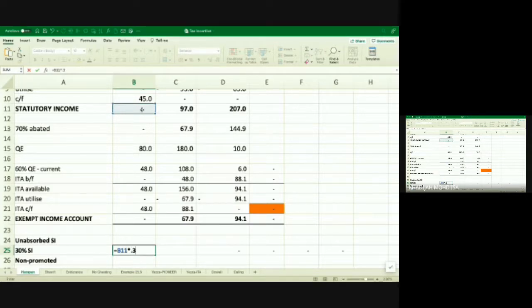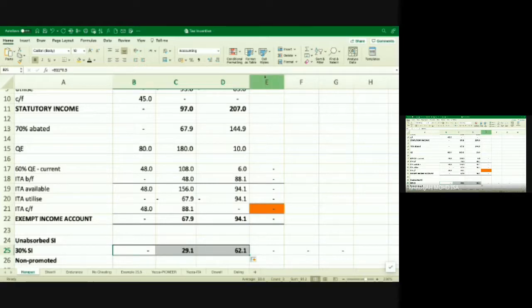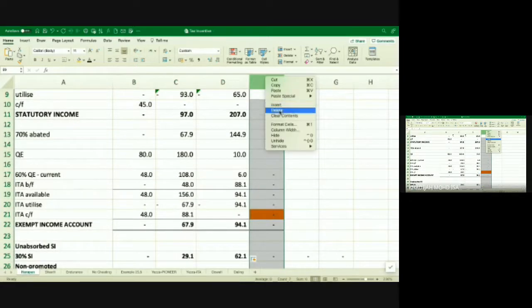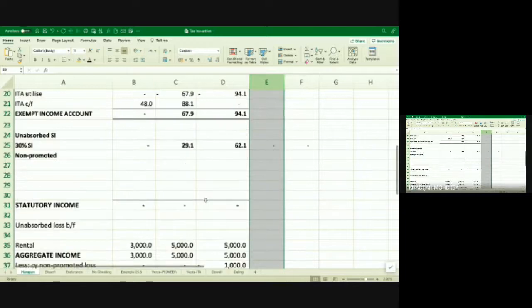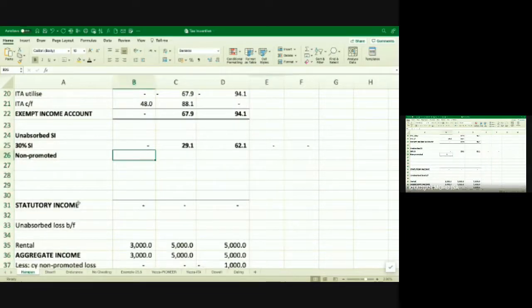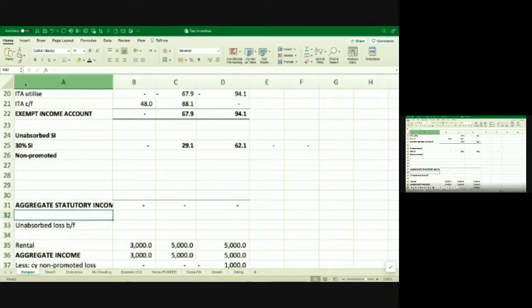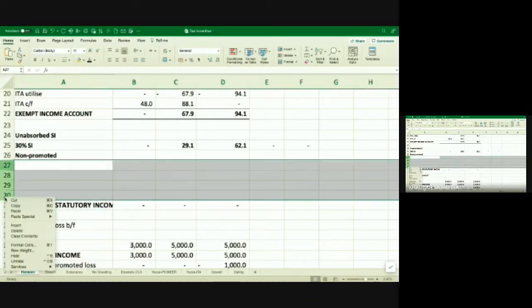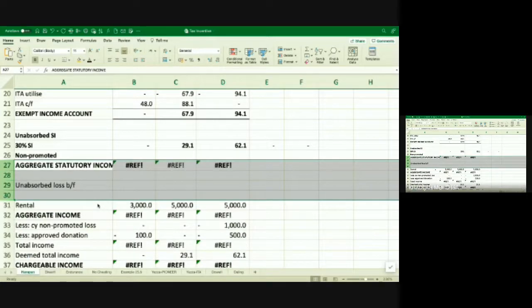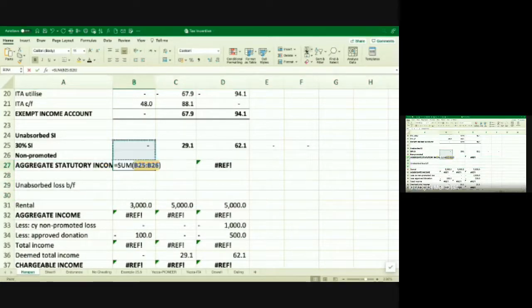0.3. Okay, so you carry forward to the following year. So this one is deleted. Now you don't have any non-promoted. So your aggregate SI, let me see here, is actually the total.